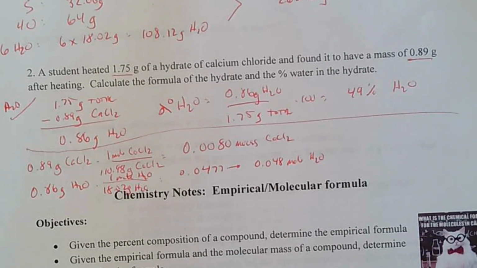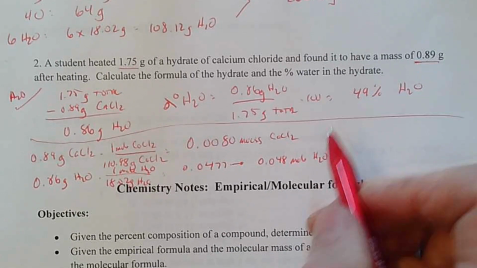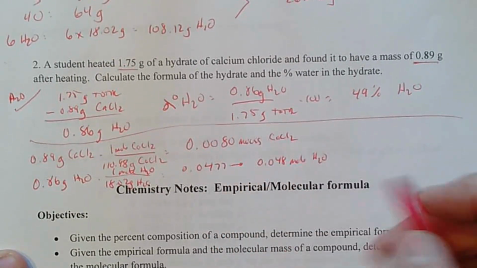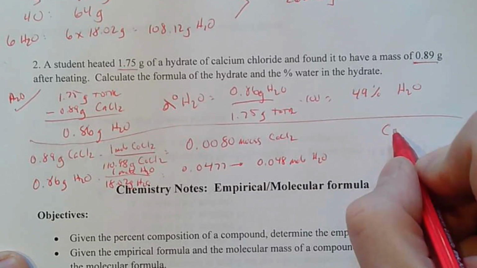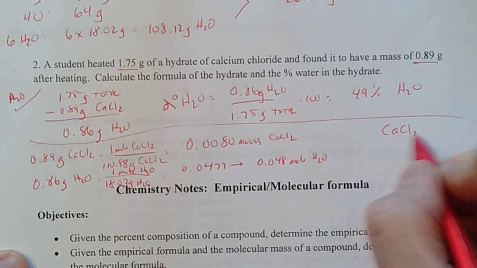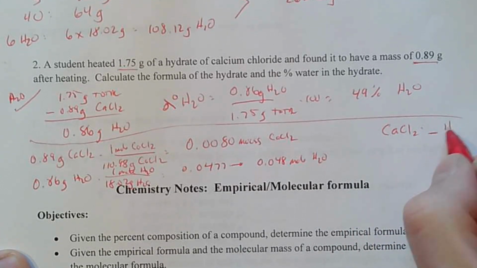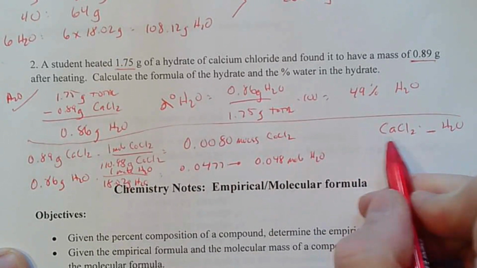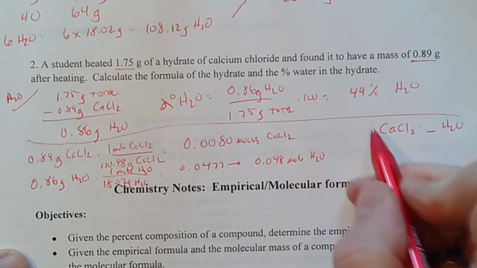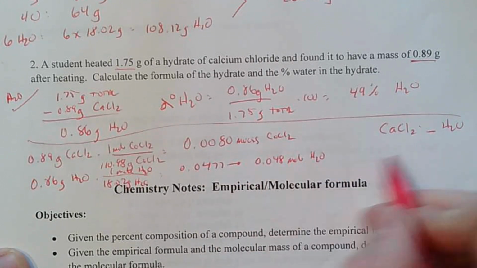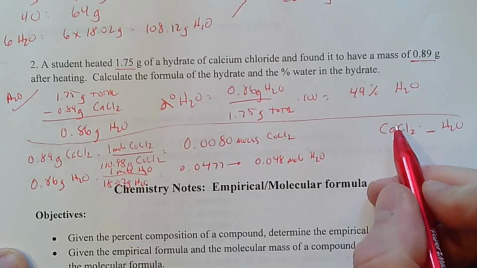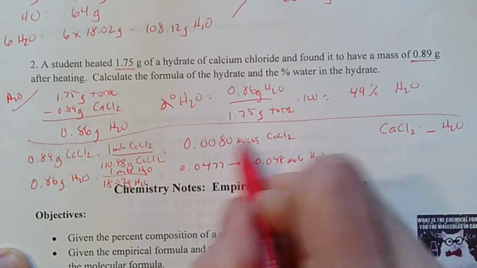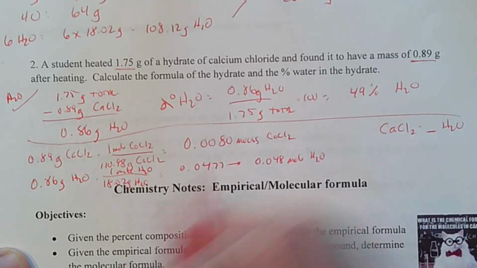Now, basically what we want to be doing is, in a hydrate, the formula of the hydrate is going to be CaCl2 dot some number times H2O. And this number here would represent basically this value in front of this, and this here would represent this. But you notice this value here has to be basically 1 mole.